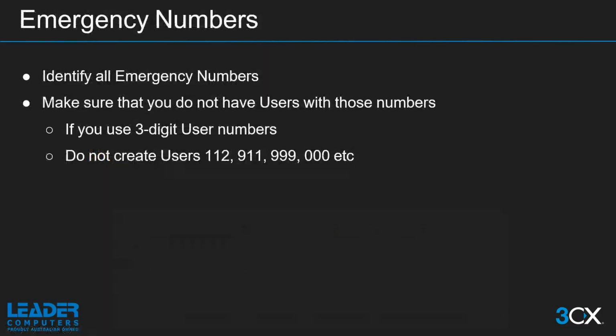And emergency numbers, that's one of the crucial ones. So identify all emergency numbers and make sure you do not create extension numbers using those emergency numbers. For example, if you use a 3-digit number pattern, please do not create an extension or admin user with 000, because when someone tries to dial an emergency number internally, it's going to dial the extension, so it won't send the call to the emergency number.